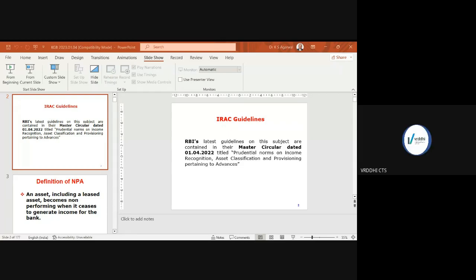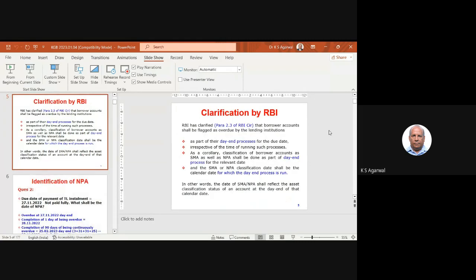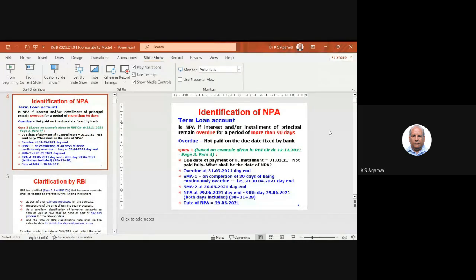Not moving. No, yeah, now it has moved. Identification of NPA, it has come to identification of NPA, yes. Can I work like this? Is it visible? You proceed. One thing can be done, let me try this.